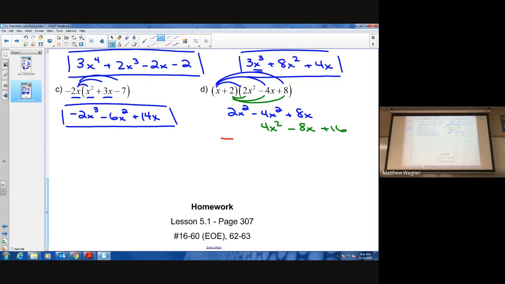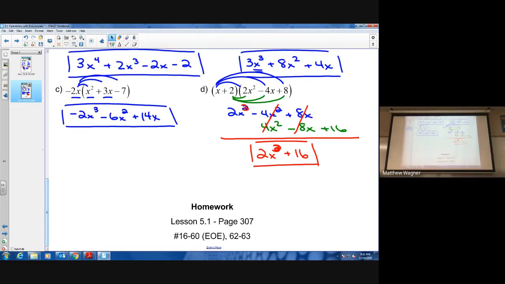And after that, you're going to want to combine any like terms. It looks like those are going to cancel, and we're left with 2x squared plus 16. And as I'm doing that, that should be a cubed. 2x cubed plus 16.